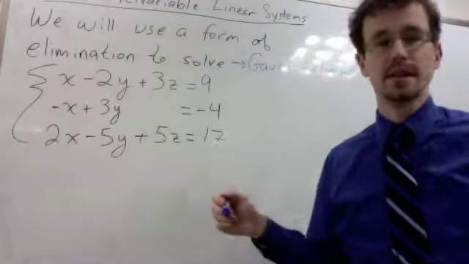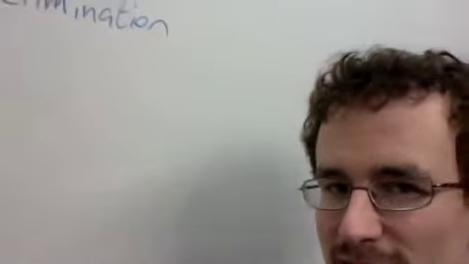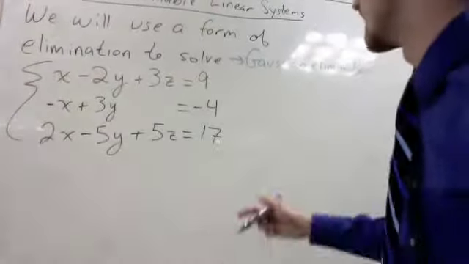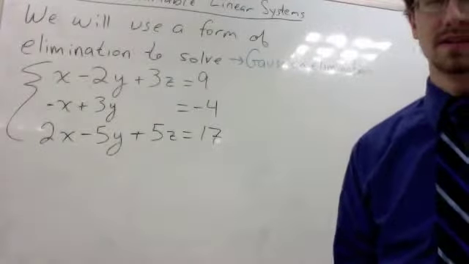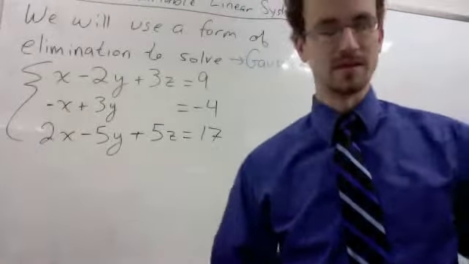The only reason I care about you knowing that it's called Gaussian elimination is because the book will say use Gaussian elimination to solve this system. So you need to know that it means this method of putting that system into row-echelon form.